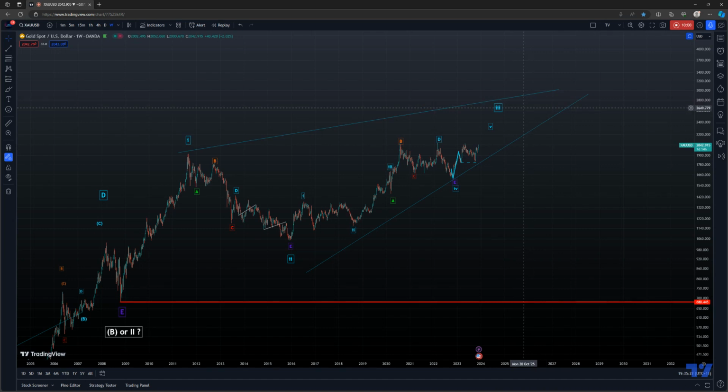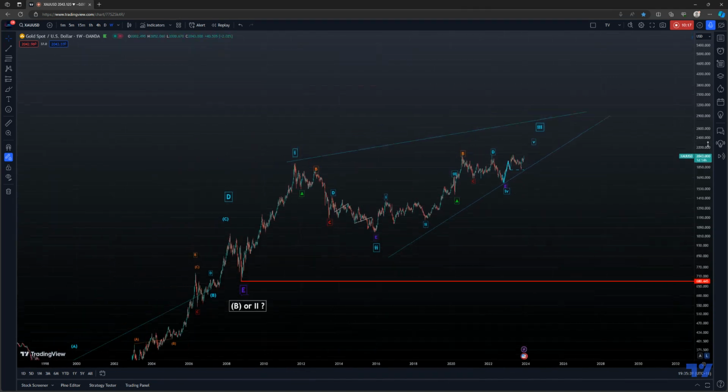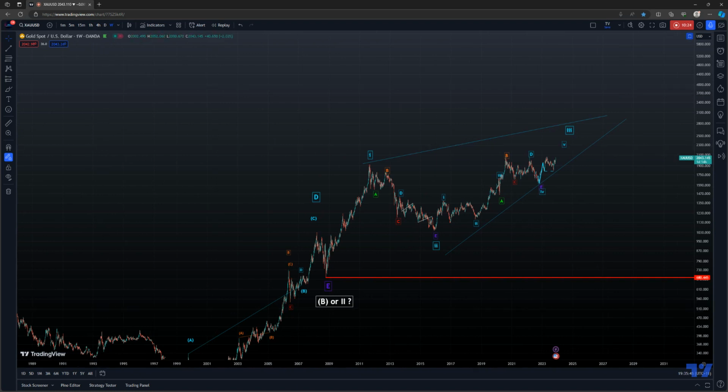I mean, we just don't really know how that's going to look, and there's no point trying to predict it. All we could do is follow the waves during that process and see what we come up with at the time, right? It's just something that needs to be followed along with. And I suppose that's where my analysis comes into this whole thing. But in a nutshell, that's what I believe is going on with gold.